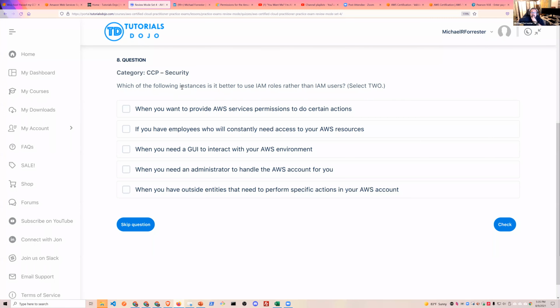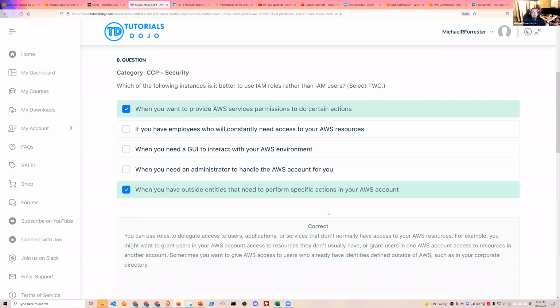So let's see, services basically, and then outside entities that you want to perform an action. Yeah. Roles are great for temporary permissions, so that's perfect. Services are not really users, so giving them roles makes more sense because you don't want them to have user level management. You just want to give them a set of permissions because the services aren't going anywhere.